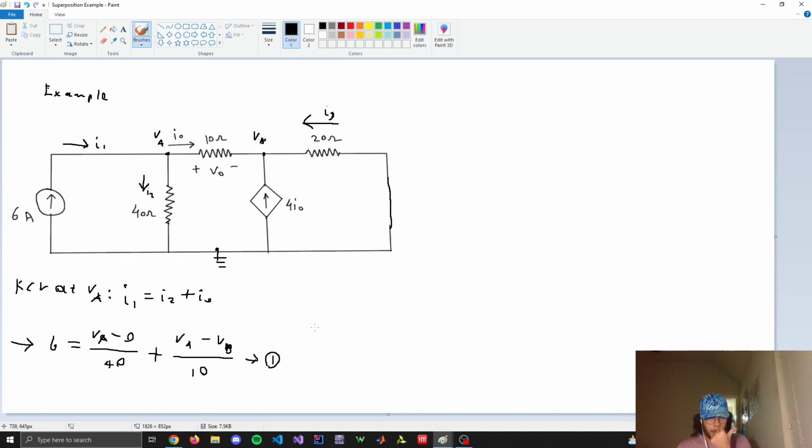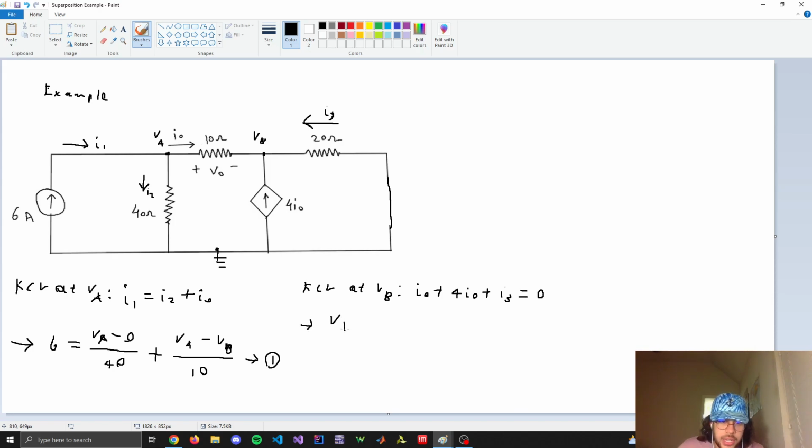Now the other equation, I just have one more node. So I need the KCL at VB, which is going to be current going in, I0 plus 4I0 plus I3 equals 0.